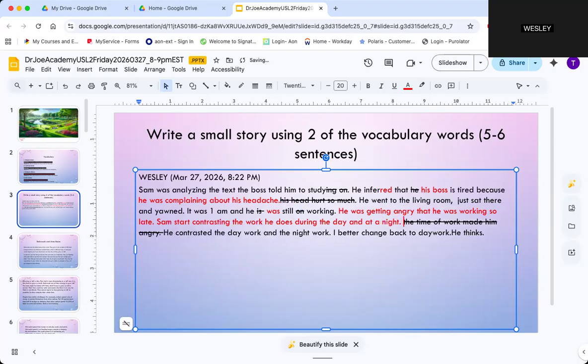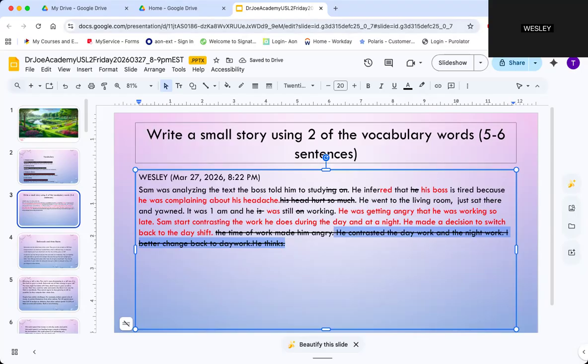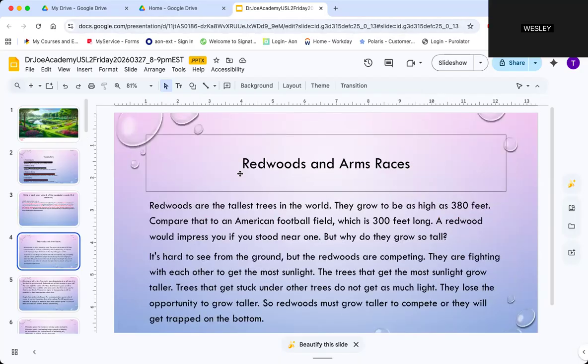And he made a decision to switch back to the day shift. It's not day work, day shift, okay? So do you see how I made a big difference in your sentences? Your sentences need to be clearer. Do you understand? Yes. Okay, so let's go on to read. Can you read this for me?